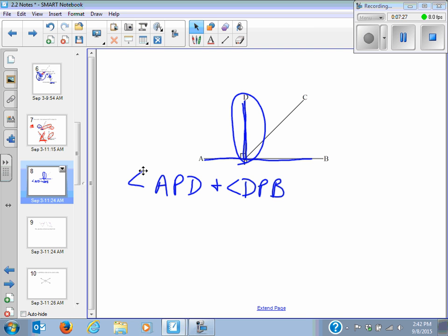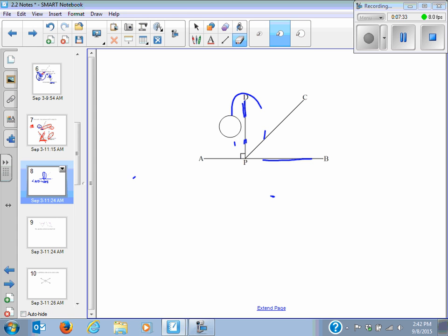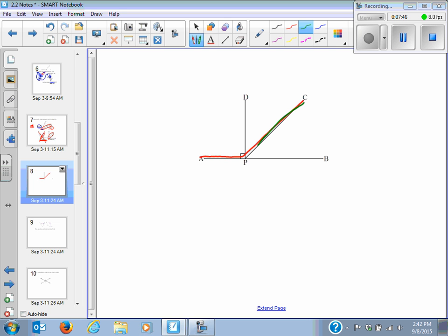Now, that's not the only one that we can do. We erase this. We can do this angle right here and add it with this angle right here.